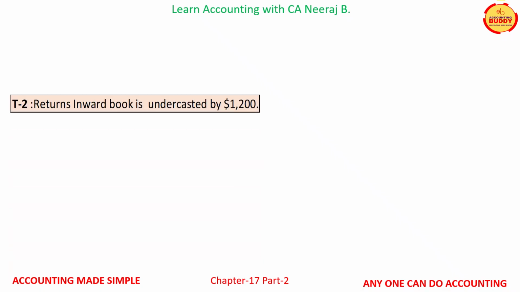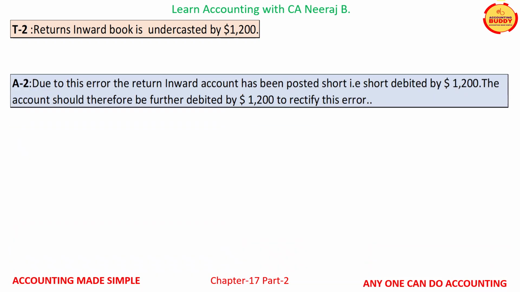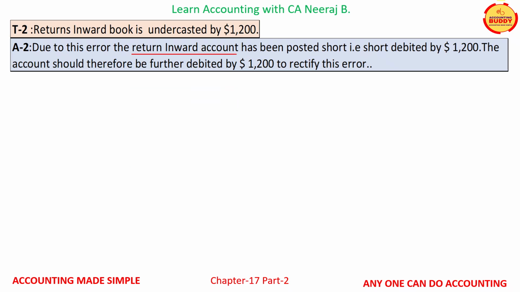Error number T2 is return inward book is understated by $1,200. That means, due to this error, the returns inward account has been posted short, that is, short debited by $1,200. The account should therefore be debited by $1,200 to rectify this error.